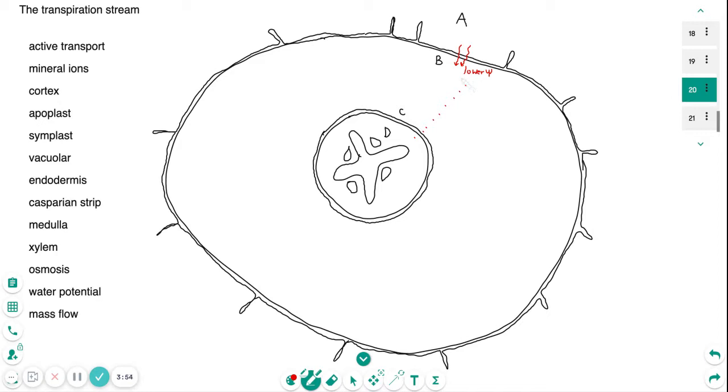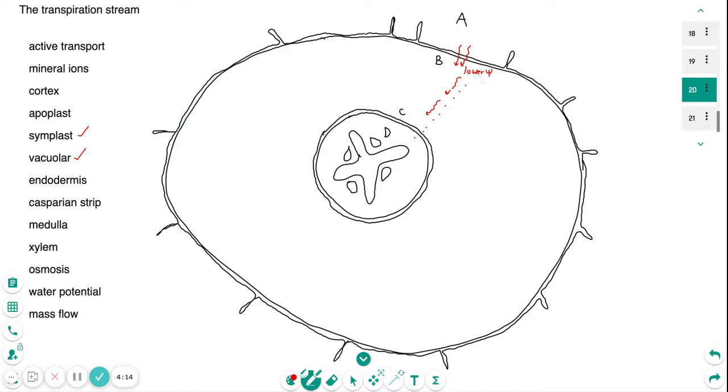So osmosis can happen very easily because of this. There's a constant gradient happening. So the way that water moves via osmosis, we have our symplast pathway and our vacuolar pathway. If you've forgotten this, watch the video from before.